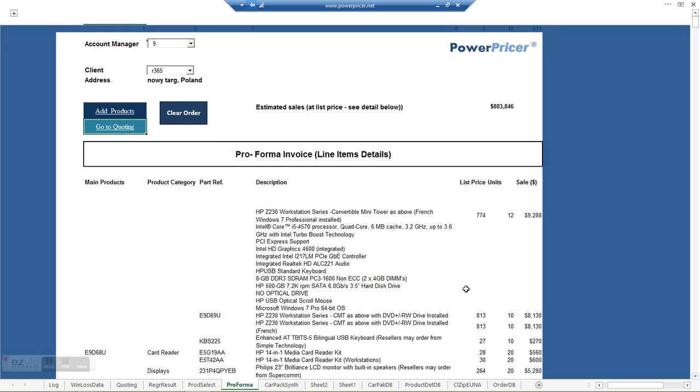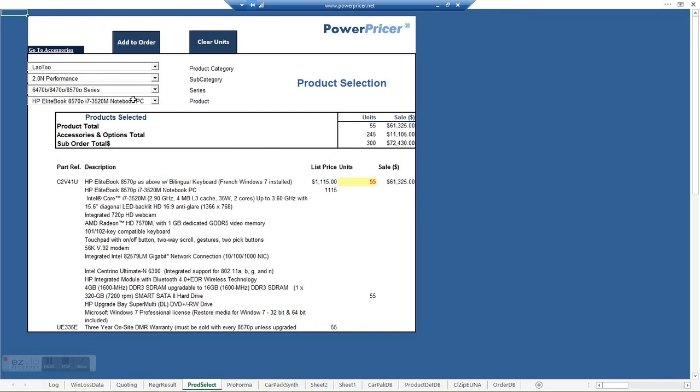Okay, and here is the salesperson preparing a pro forma for the particular client, and what he does is that he adds a number of products. He selects them, he defines the quantity of each of those products, preparing his quotes, and of course the next step is to add the accessories, supplies, guarantees, etc., and services potentially that should normally belong with a particular product.